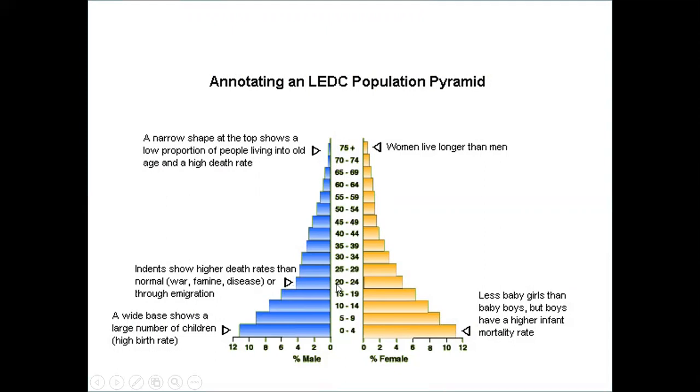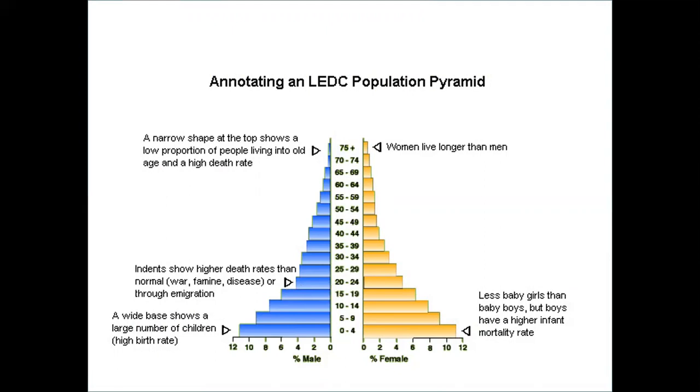In the age group of 20 up to 24, as I told you before, if the country is less developed or has any kind of war, people can die in middle age, maybe from 20 up to 24, or more than that. A wide base shows a large number of children.